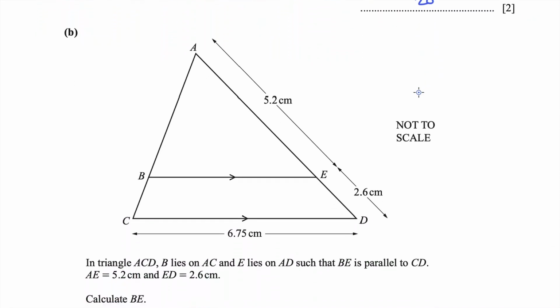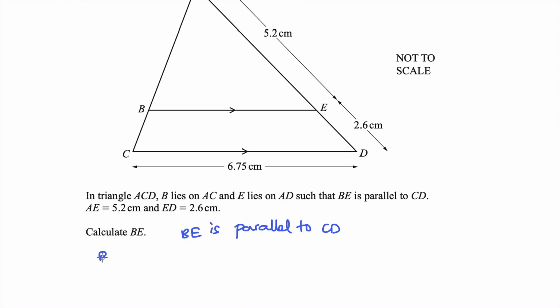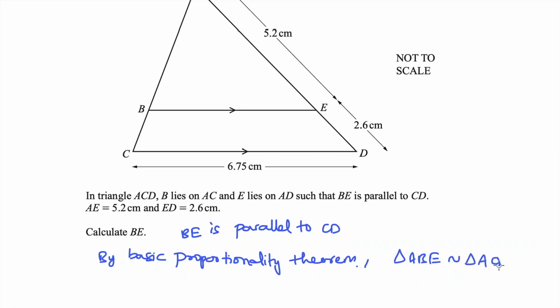Okay. Now for the B part. In the triangle ACD, B lies on AC and E lies on AD such that BE is parallel to CD. And so by basic proportionality theorem or BPT, we can say triangle ABE is similar to triangle ACD.